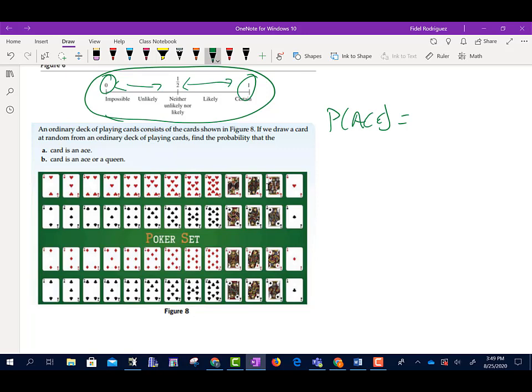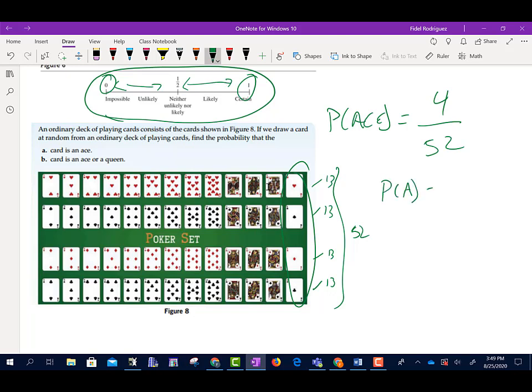We have 13, 13, 13, 13, a total of 52 cards. Out of those 52, how many are aces? 4. I'm going to divide both those numbers by 4. And so the probability of getting an ace would be 1 out of 13.